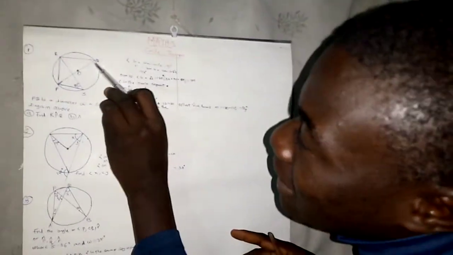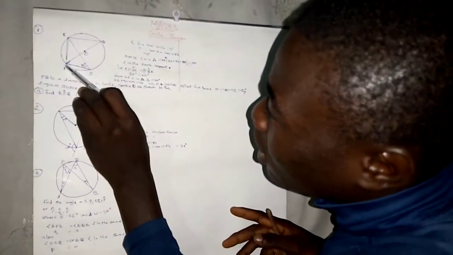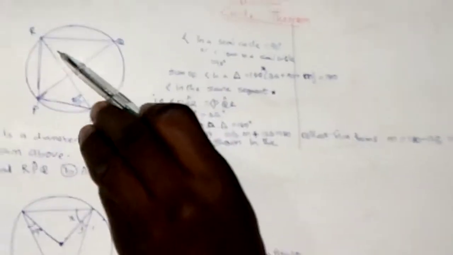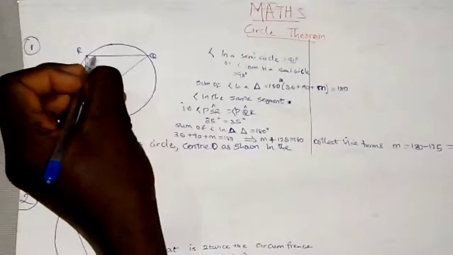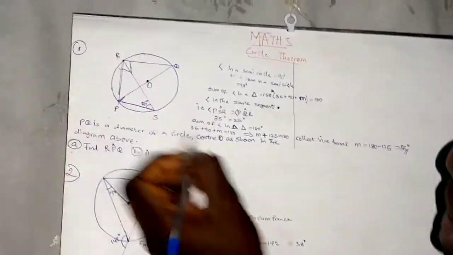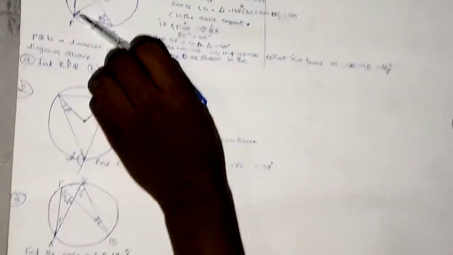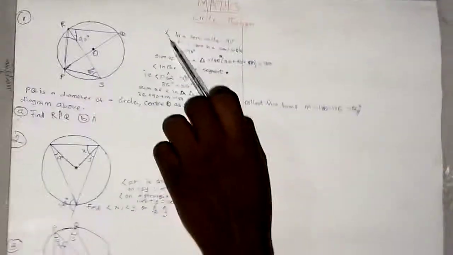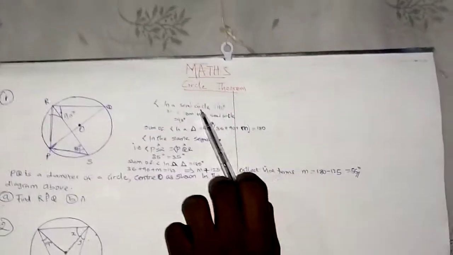The angle formed by this line is 90 degrees. So angle in a semicircle equals 90 degrees. This is the angle formed by this line. Must know. Angle in a semicircle equals 90.